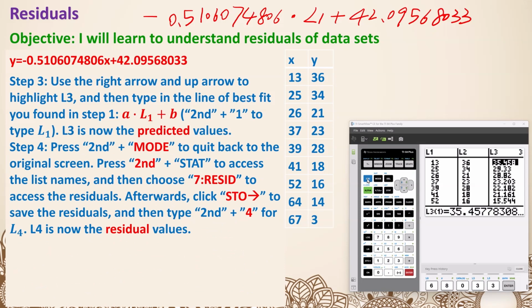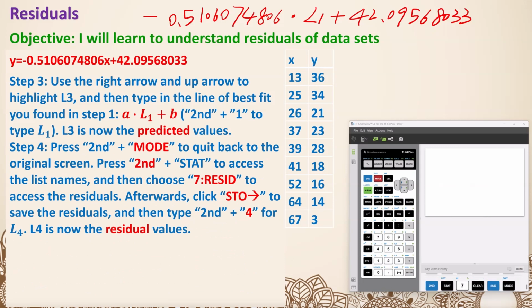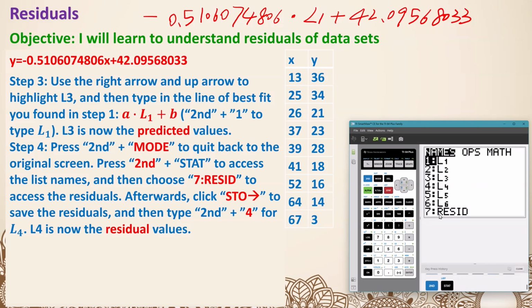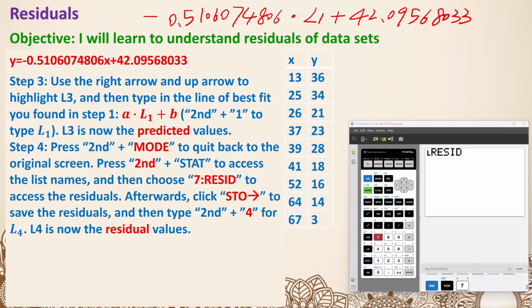We're gonna get out of it, and then we are going to press second stat. And now you see number 7, RESID, that's residual. So we're going to let our calculator do the residual for us. So we're going to call number 7, and you see this STO. STO actually stands for store.